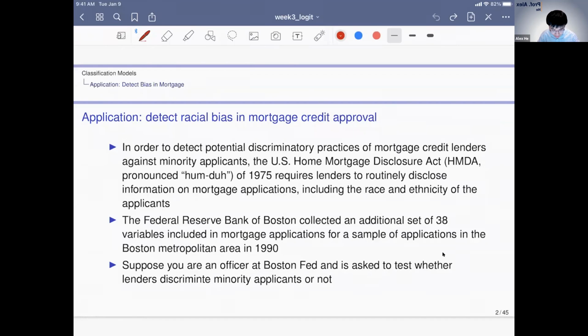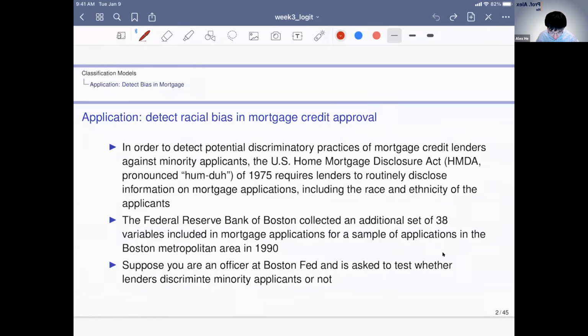In order to detect the potential discrimination against minority lenders in mortgage lending, there is a US Home Mortgage Disclosure Act that requires the lenders to disclose the information of the applicants, including their race and ethnicity. The data set we will be having is from the Federal Reserve Bank of Boston, and it includes a bunch of applicants and their mortgage applications.